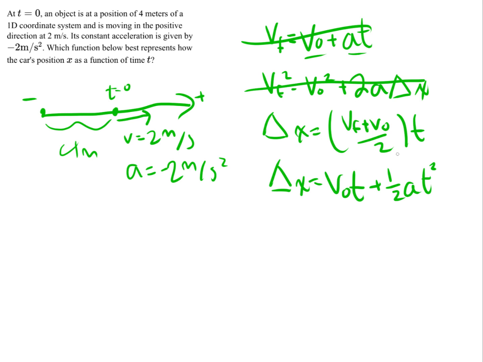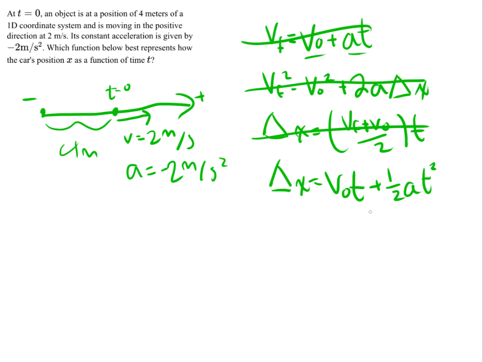For the third equation, we need the average of the final and initial velocities times the time, but we don't know what the final velocity is. We only know the velocity at t equals 0, so that one isn't going to work. The final equation actually has all of the stuff that we need.